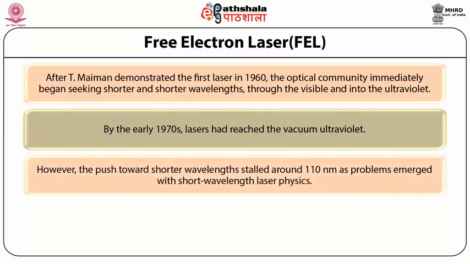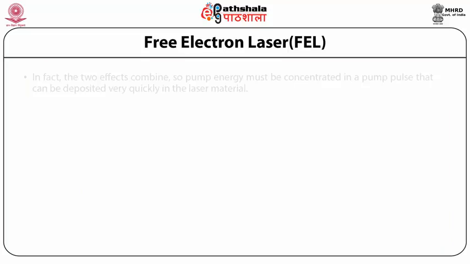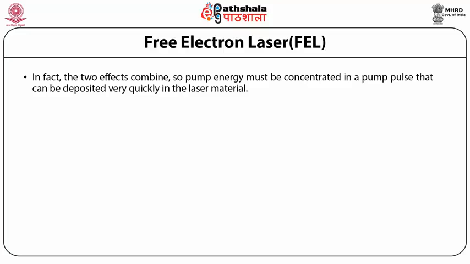However, in the push toward shorter wavelengths around 110 nanometers, problems emerged with short wavelength laser physics. As the energy of a laser transition increases, the excited state lifetime decreases and the pump energy required to produce a population inversion increases. In fact, the two effects combine. So pump energy must be concentrated in a pump pulse that can be deposited very quickly in the laser material.